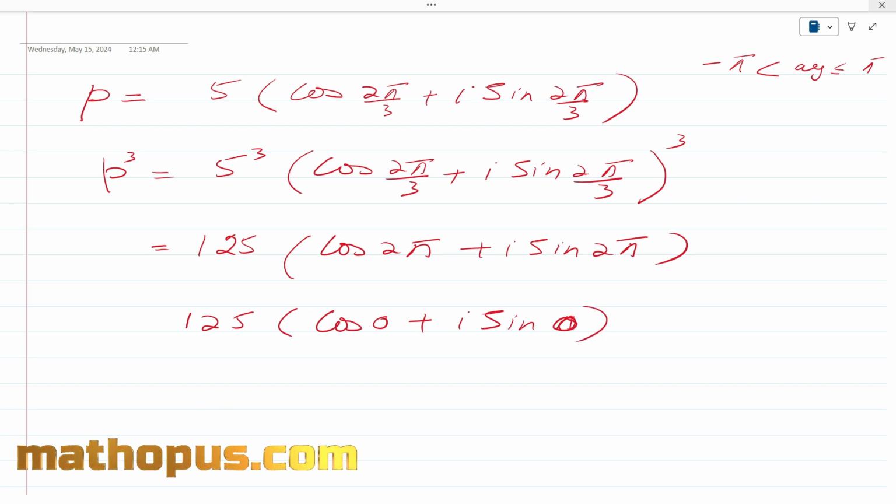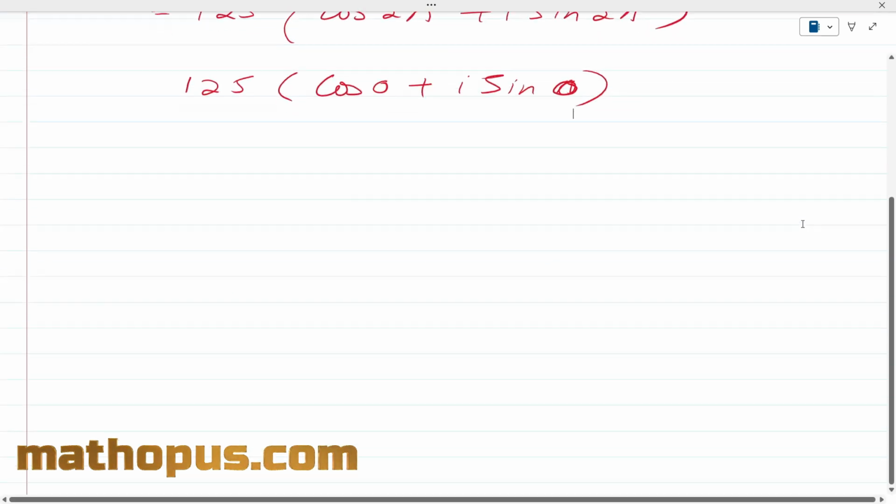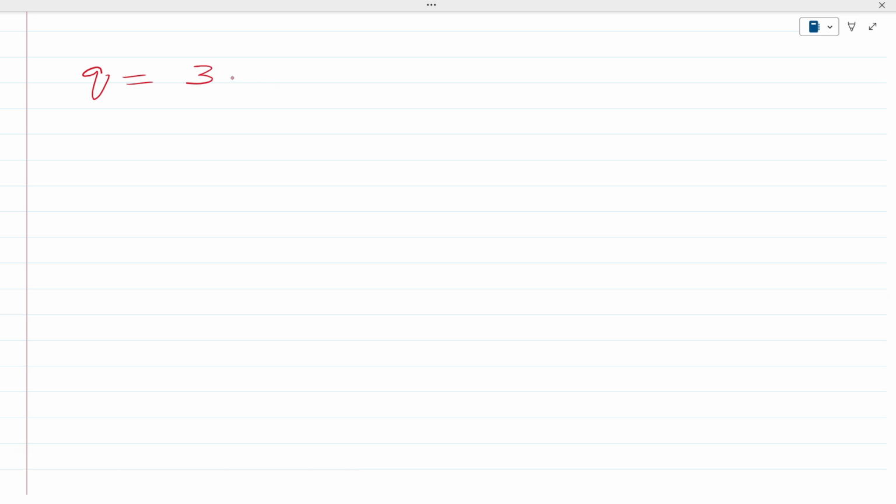Let's take another example. Let's say we have q equal to 3 cos pi over 2 plus iota sine pi over 2, and you have to find its cube.